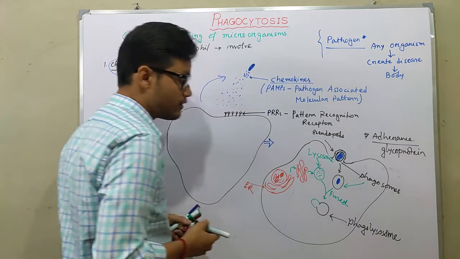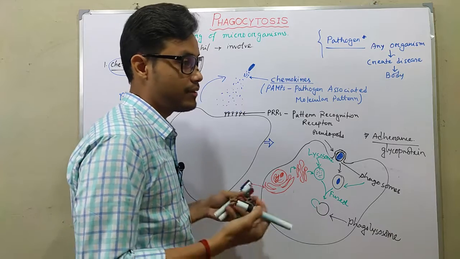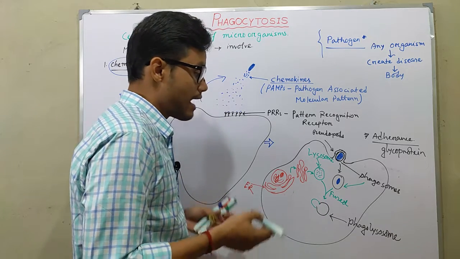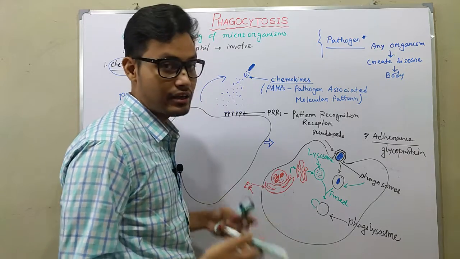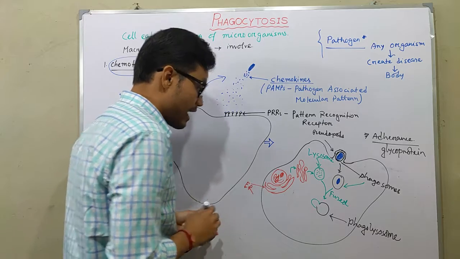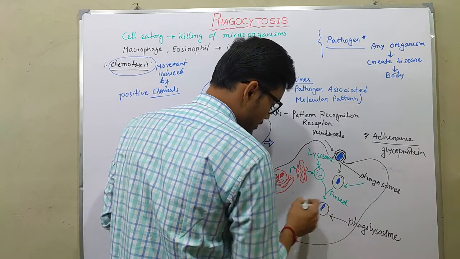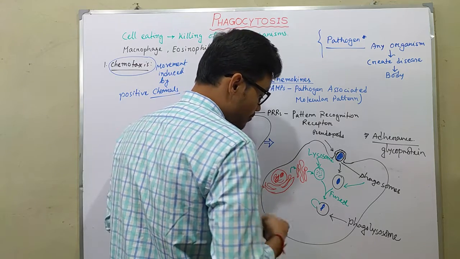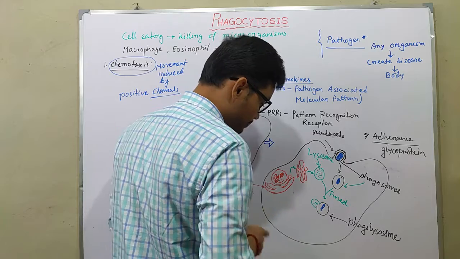In my previous video I already discussed the lysosomes, what the types of lysosomes are, like primary lysosomes and secondary lysosomes, and lysosomes have 40 different hydrolytic enzymes like peptidase, protease, lipase, phosphatases, etc. And those hydrolytic enzymes help to digest that particular microorganism or pathogen and produce a vesicle.